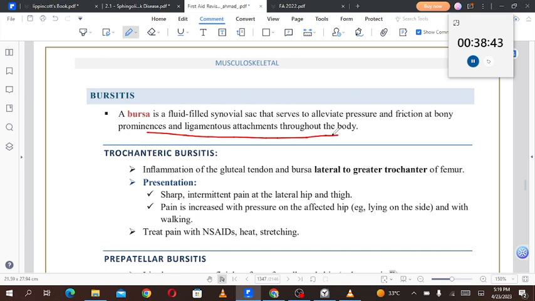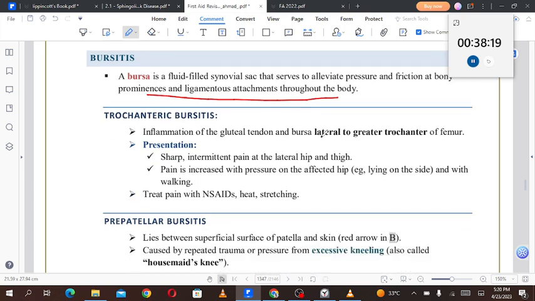If there is increased stress on an area, due to physical exercise or other stresses, a bursa can also develop later in life. So there are bursae primarily present throughout life, and then there are what I'm calling secondary bursae, because they develop later in life.